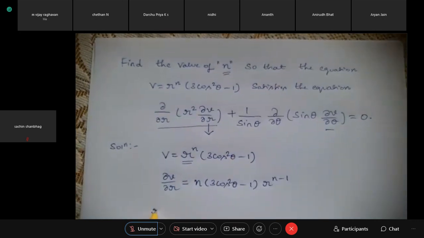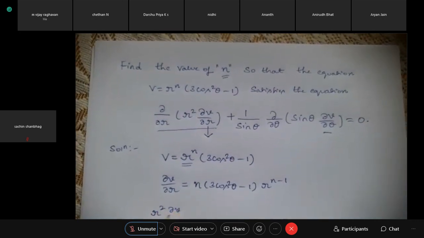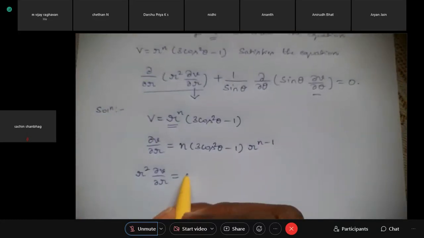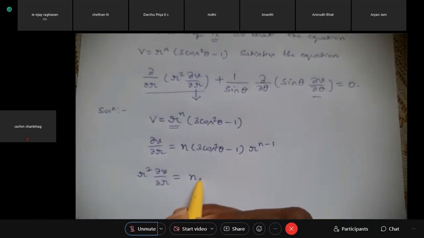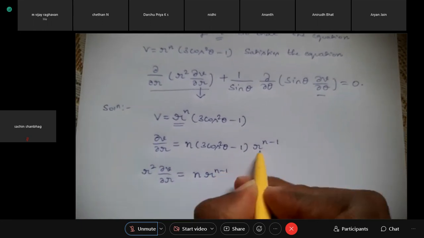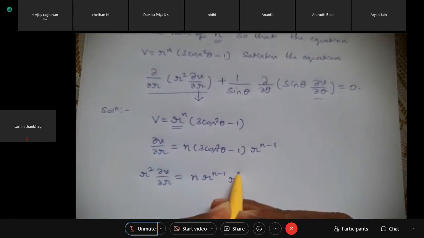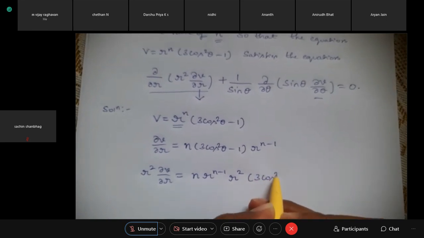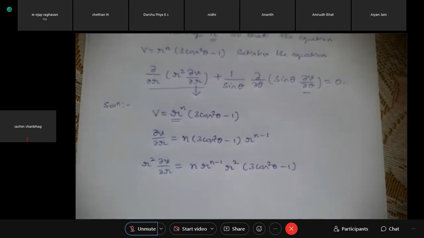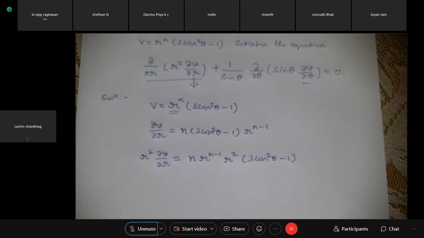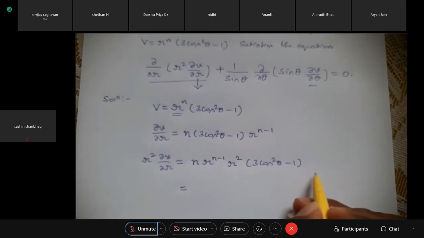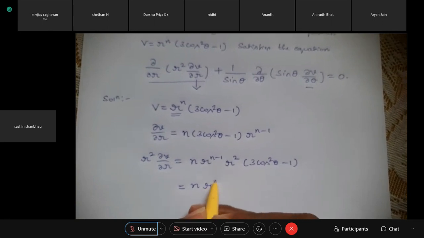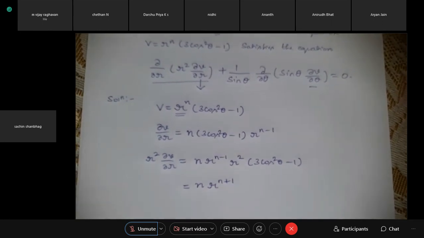The next step says I am supposed to multiply this dou v by dou r by r square. If I do that, it becomes n into r to the power of n minus 1 multiplied by r square into 3 cos square theta minus 1. Can you simplify this? By the law of indices, can I make this r to the power of n plus 1?